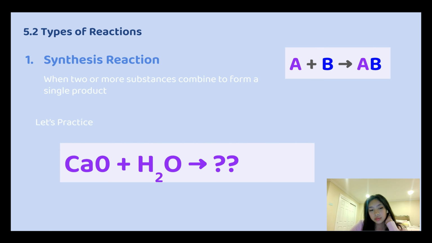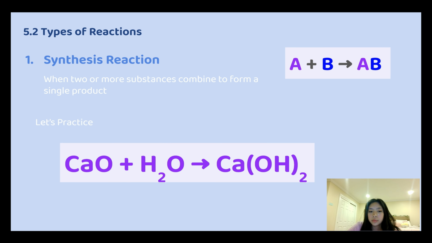Okay, another example. This one's more complicated. So we're given 2 molecules, and it's going to form a single product, right? So when we put this together, we know that this is calcium, right? So calcium has a +2 charge.